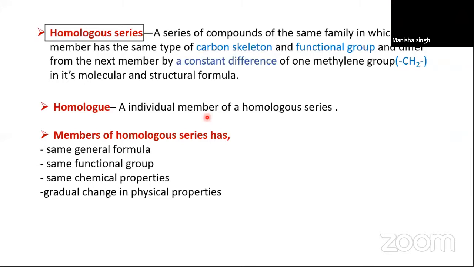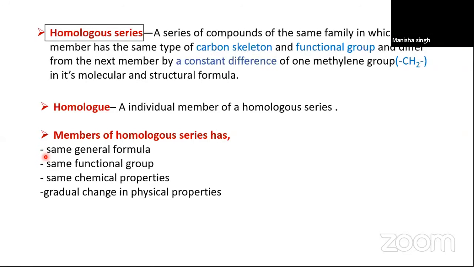So an individual member of the homologous series is known as a homolog. Now, members of a homologous series show the same general formula. In case of aldehyde, we have seen it is CnH2nO. So all the members have the same general formula, CnH2nO. Then they have the same functional group. What is the functional group of aldehyde? CHO.